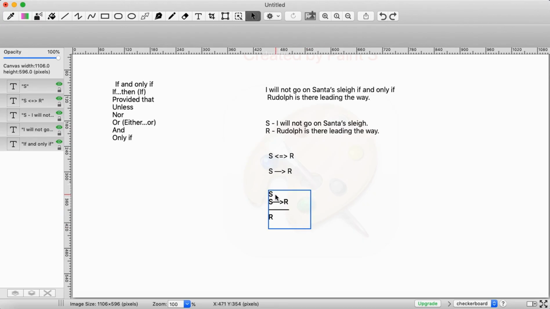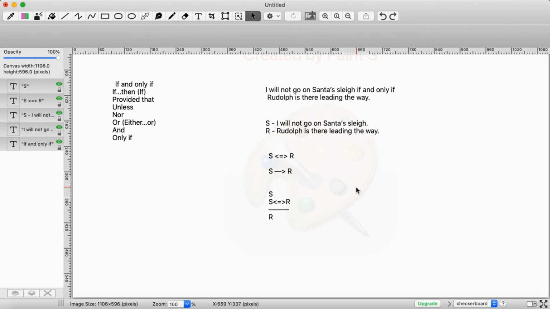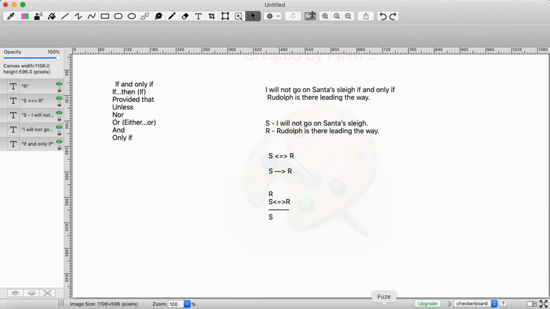But in this case, it doesn't matter if you have S star. Now it doesn't matter whether I put S here and then R, or R here and then S. They're both correct, because it goes either way. That's what if and only if means. I can answer why in the comments. It does make sense.